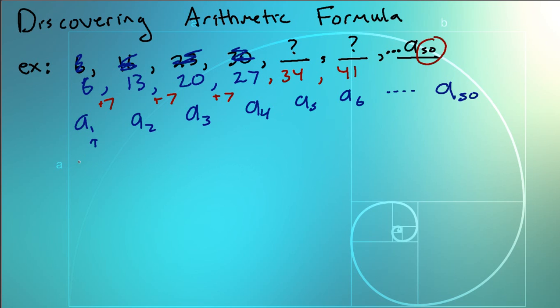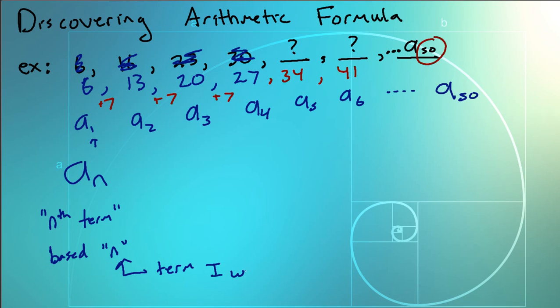So I'm going to say that A sub n is the nth term. And I want to see if I can build a formula that will get me to any nth term based upon just n, if I know the term that I want. So n is the term I want.